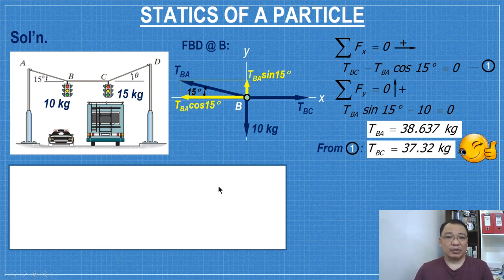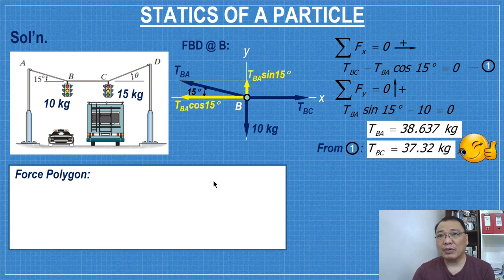We call this the force polygon method. You plot the forces, and the result is a polygon. Considering you only have three forces, the polygon you get is a triangle.